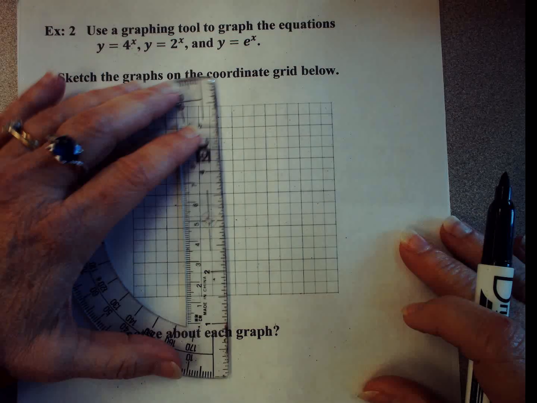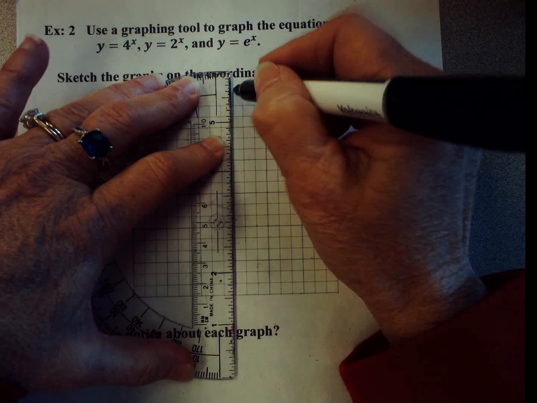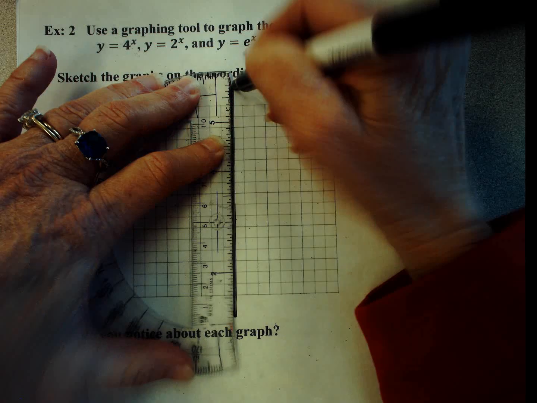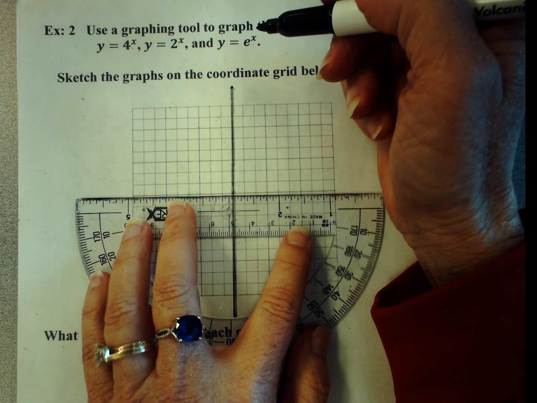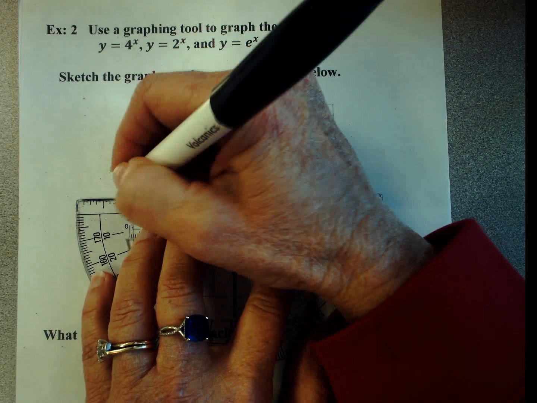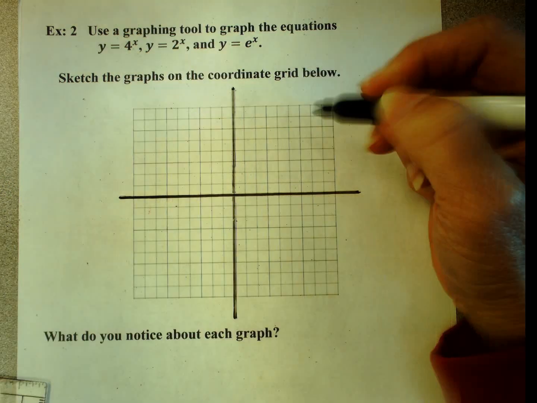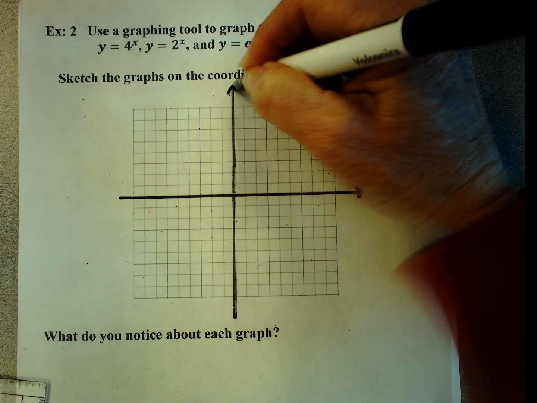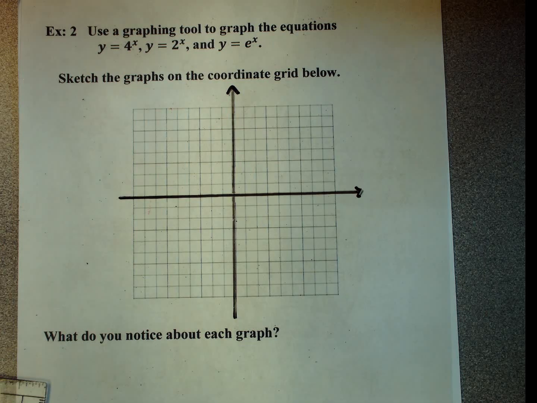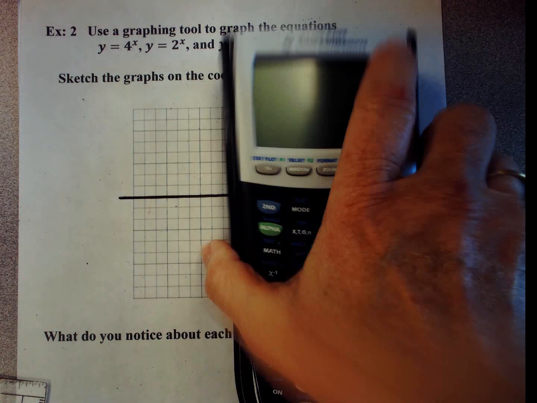Let's graph these. I'm going to do them in different colors. All right, so the first one is going to be y equals 4 to the x. So use your calculator.